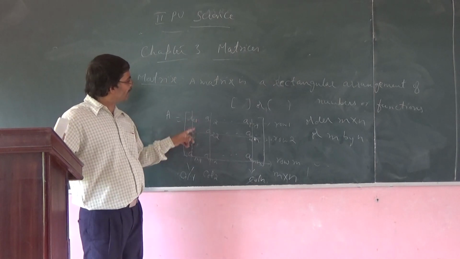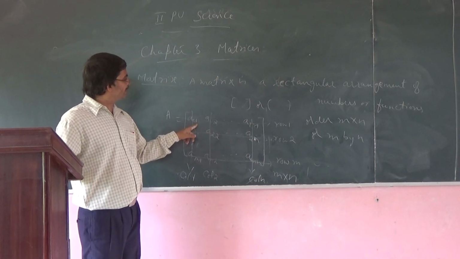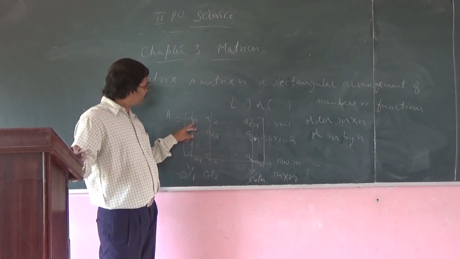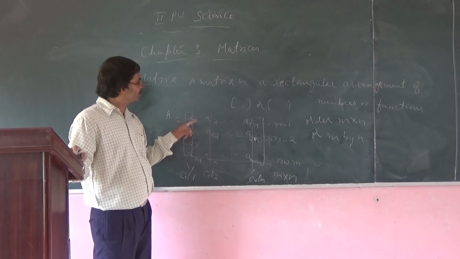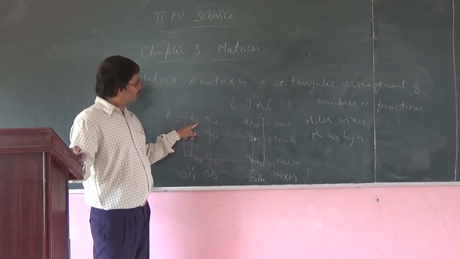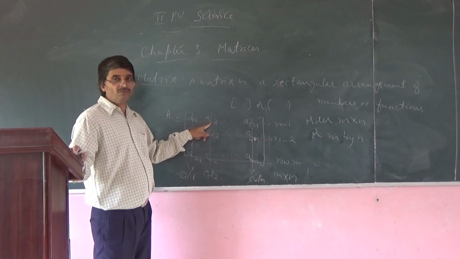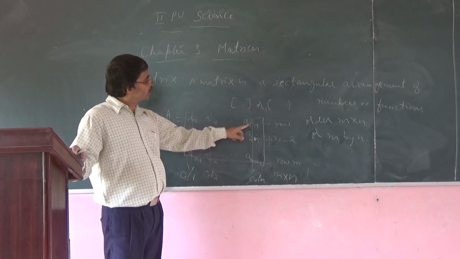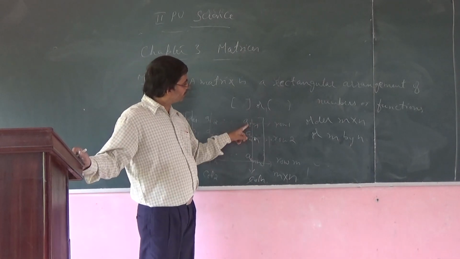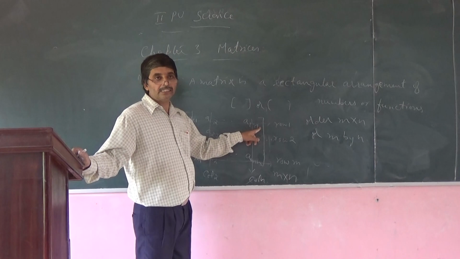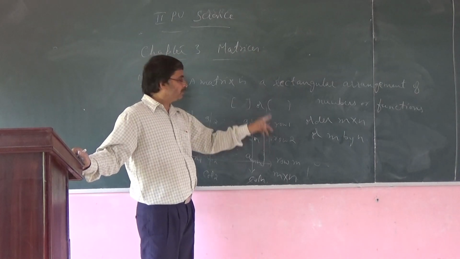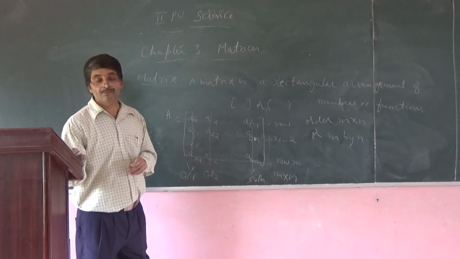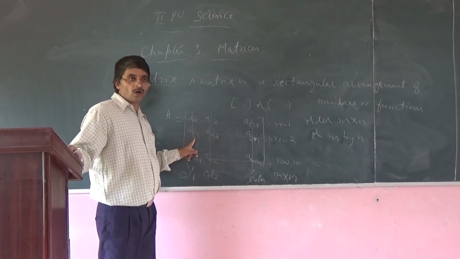Now you observe here I have given just the representation A11, A12, dash dash, A1n. When I say A11, I am referring to the first row, first column. A12 is the first row, second column element. A1n is the first row, nth column element. A21 means second row, first column element.